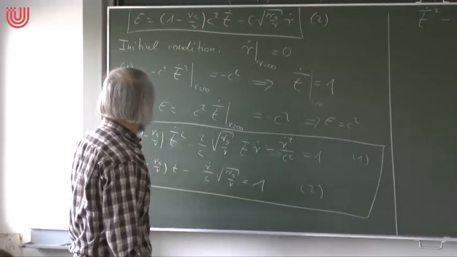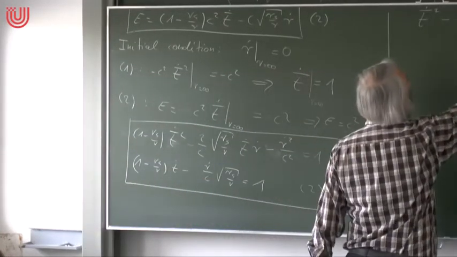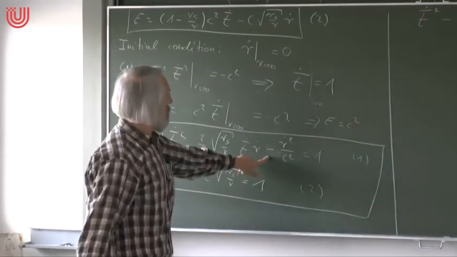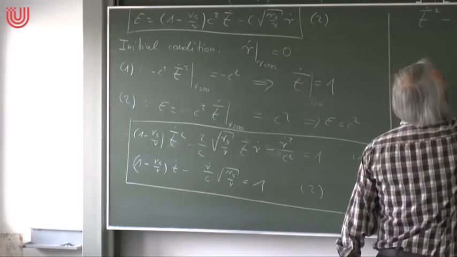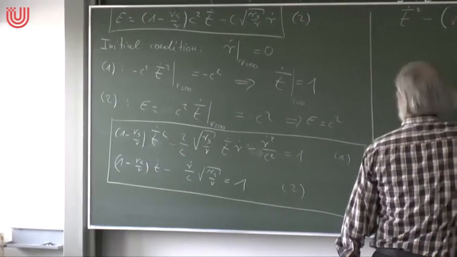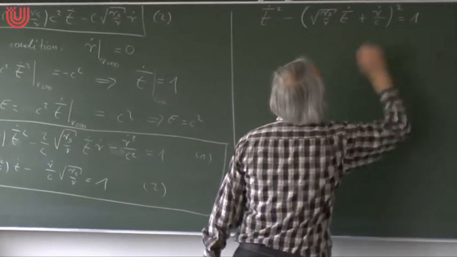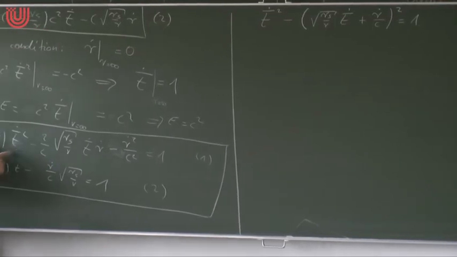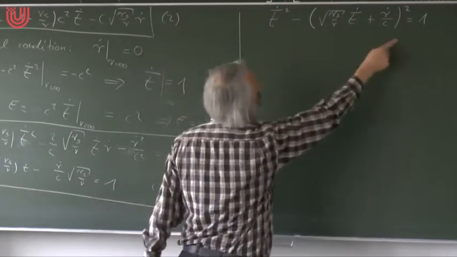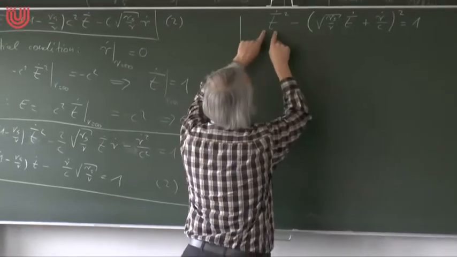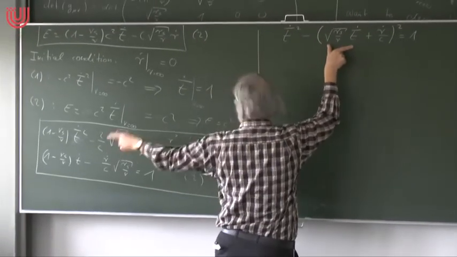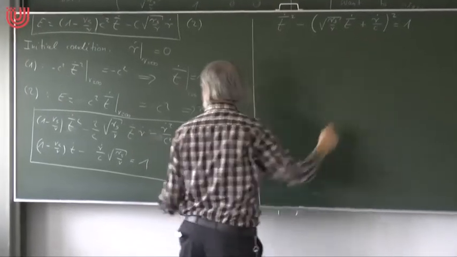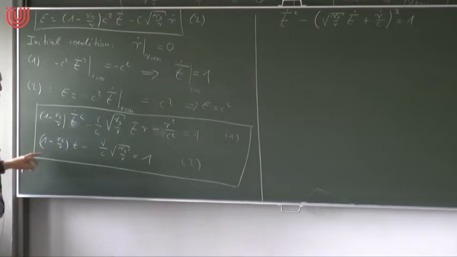It's a square of root rs over r t bar dot plus r dot over c. And on the right-hand side I have a 1. You see this? If you multiply this square out, then you get this term, and the square of this term gives the first term down there. Then the mixed term is also written there, and the last term is this here. So this is just the same as a square.